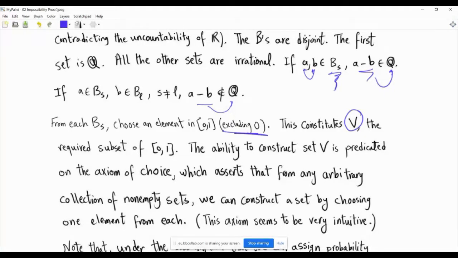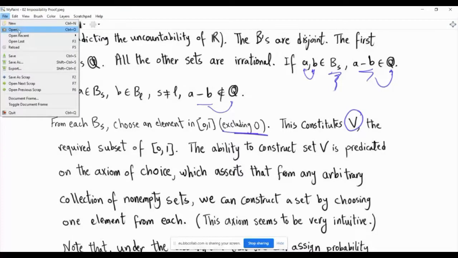Since the sigma algebra is every subset, we should be able to assign a probability measure to every subset of [0, 1].